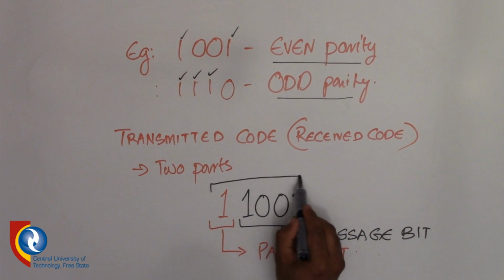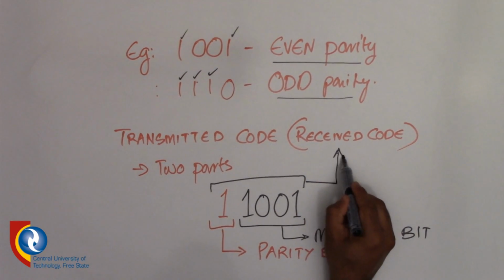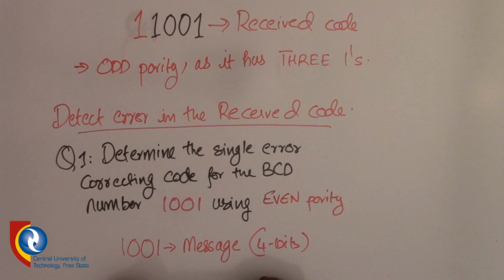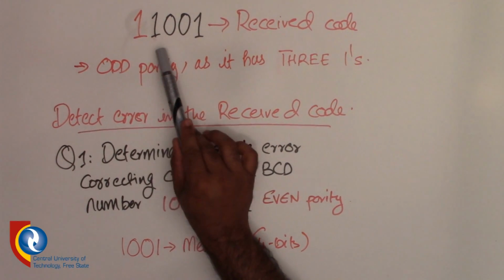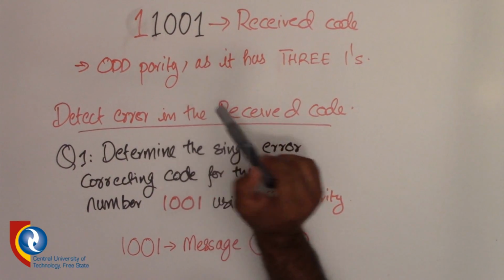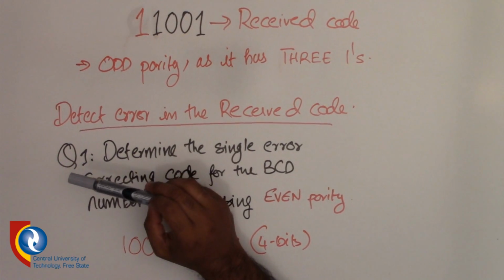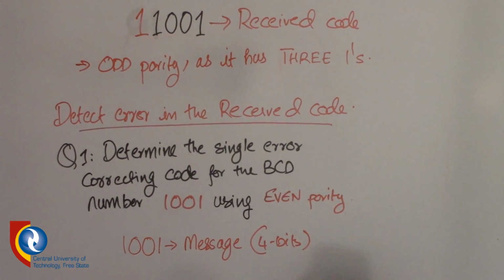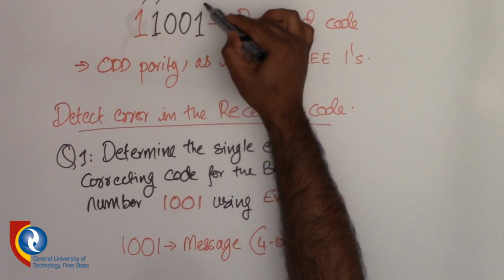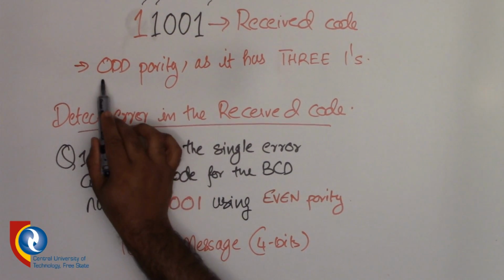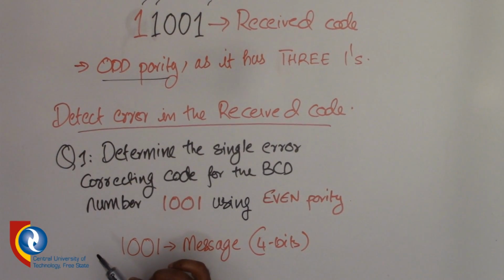Together they make up the received code. So the received code was 11001, and what is the parity of this number? If we look here, we have three ones, which means that it exhibits odd parity.